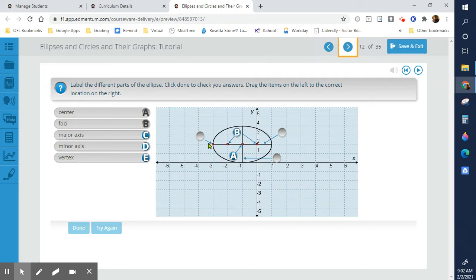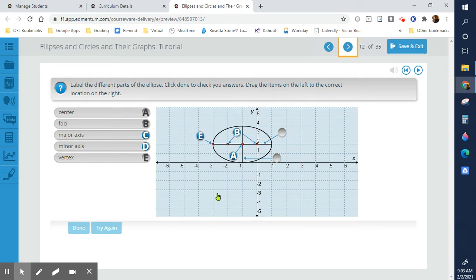This part right here, it's not how we normally look at it, but it is technically a vertex. So this is a vertex right here. It is the most left, the most right, basically the extreme of the major axes. Like I said, there's no name for the extremes of the minor axes, but there are names for the extremes of a major axis.